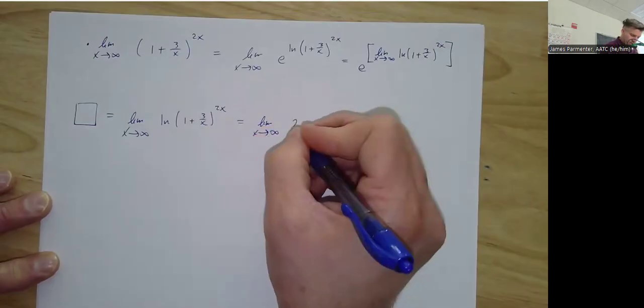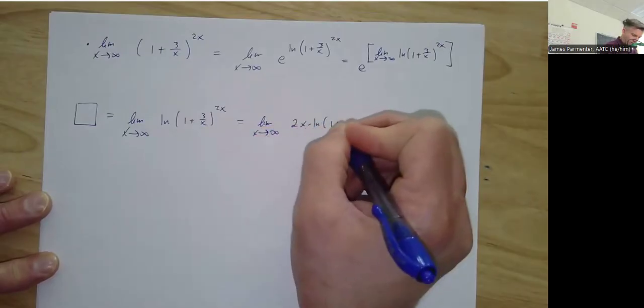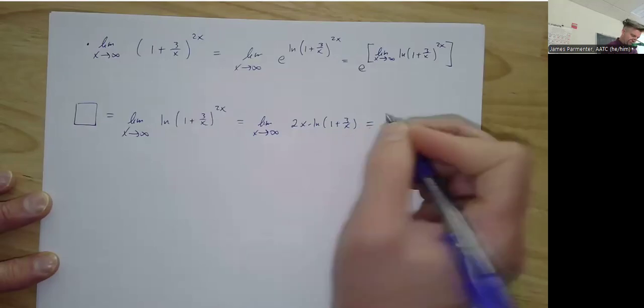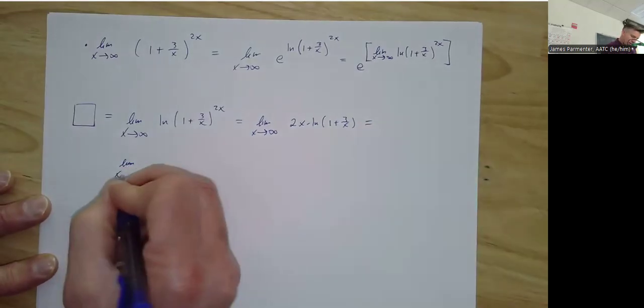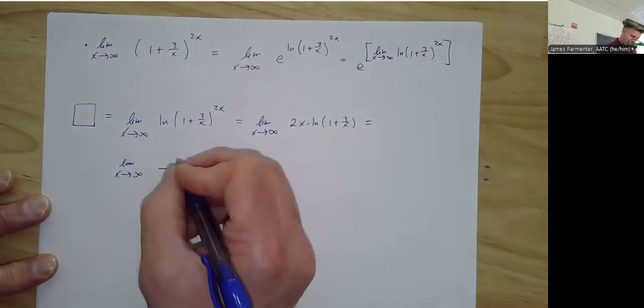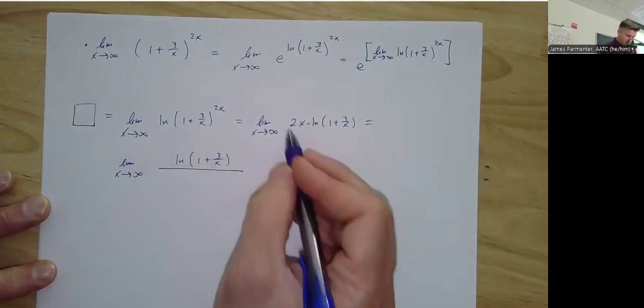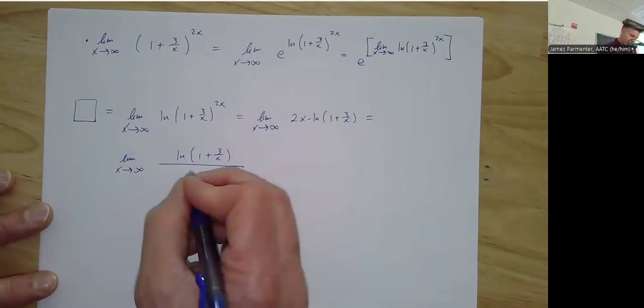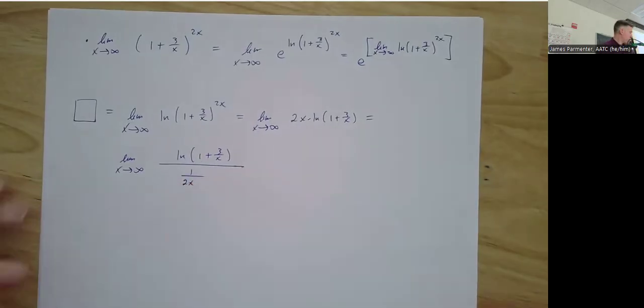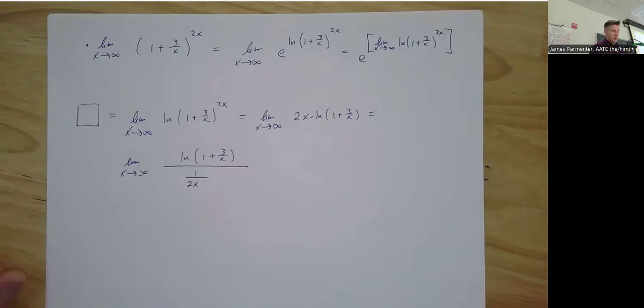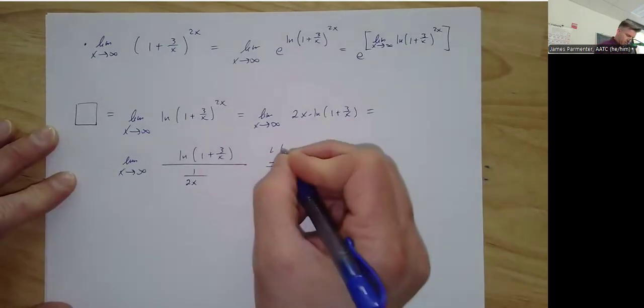Instead of doing the 2x times the natural log of 1 plus 3 over x part, you can skip straight to saying it's the limit as x goes to infinity of the natural log of whatever on top divided by the reciprocal of 2x, so 1 over 2x on the bottom. Then we use L'Hopital's rule.